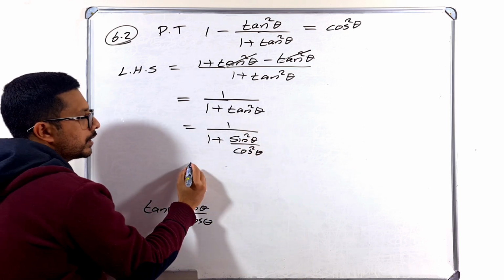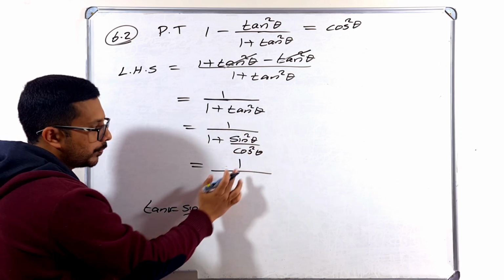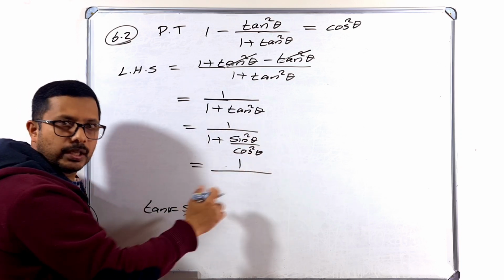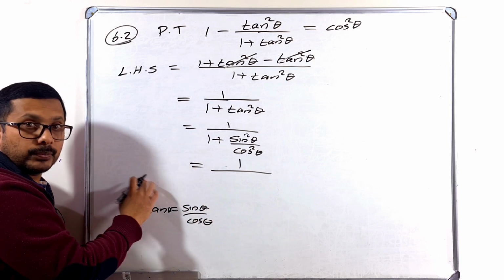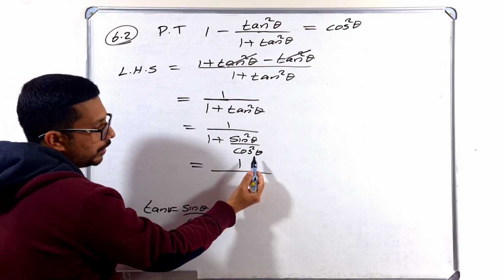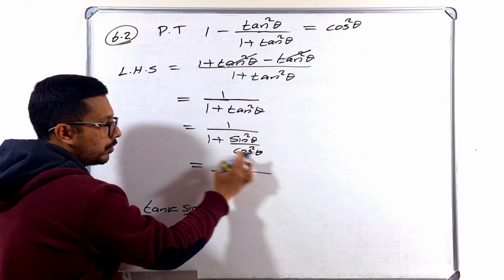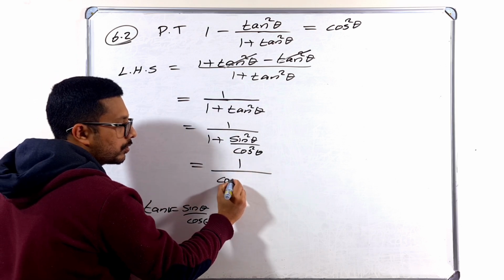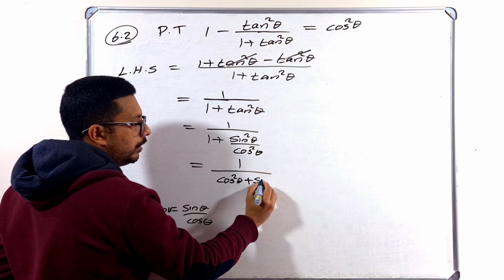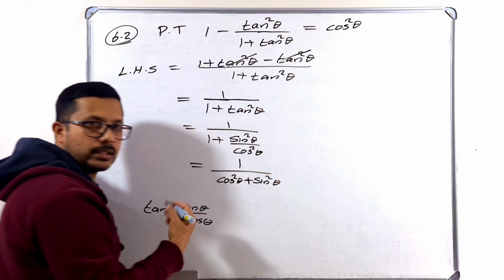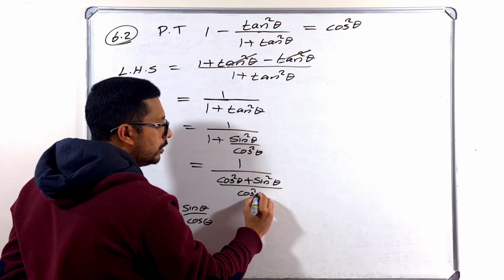Now, just like the previous step, here I have to take the LCM. So what must I do? This cos square theta times 1, that's a shortcut method. Cos square theta times 1 is cos squared theta, then plus this sine squared theta, the whole divided by this cos squared theta.